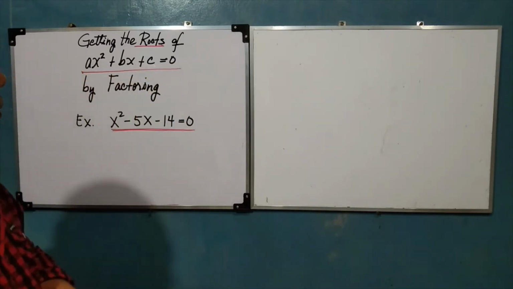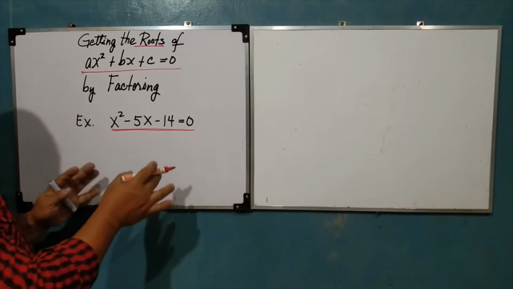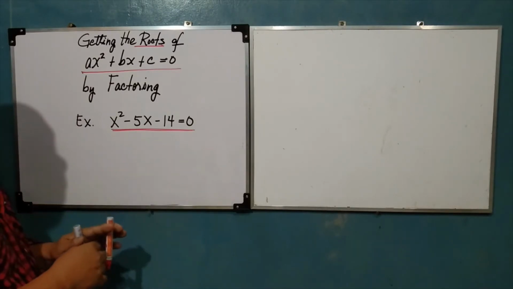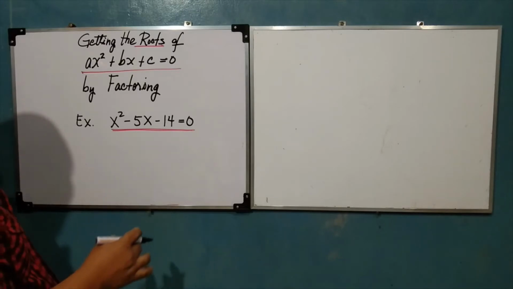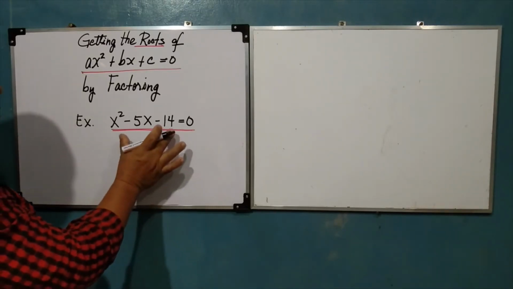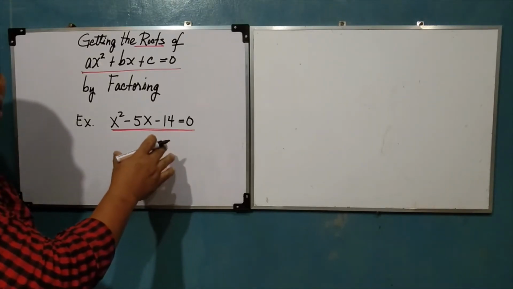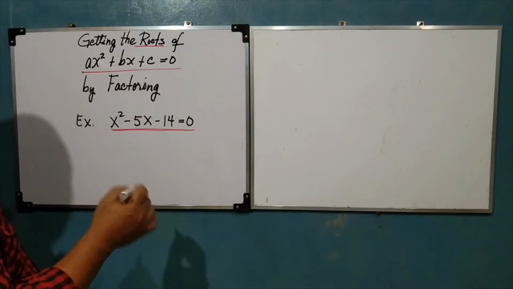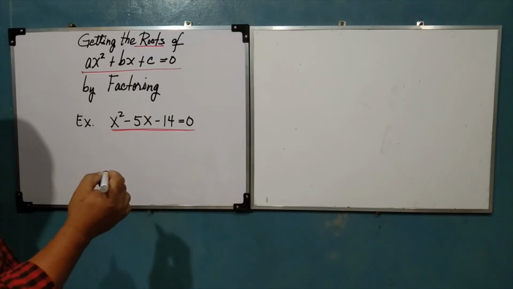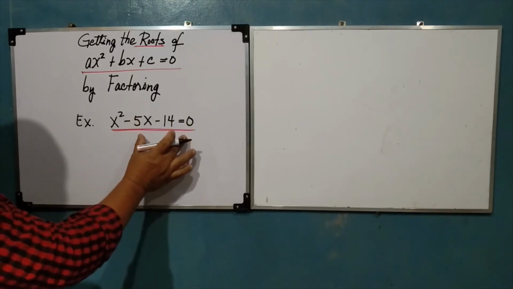Now, we are going to get the roots of this quadratic equation by factoring. So, it is expected that this quadratic equation can be factored. So, this is my way of getting the roots of this quadratic equation by factoring.